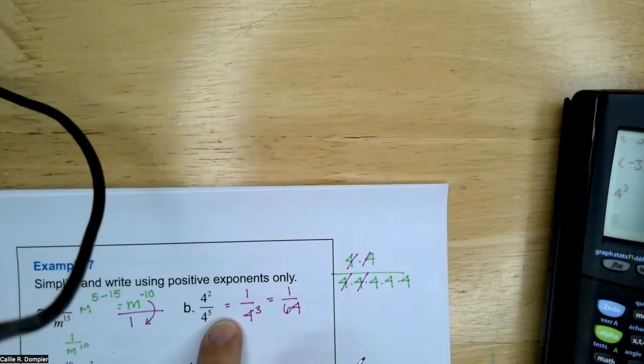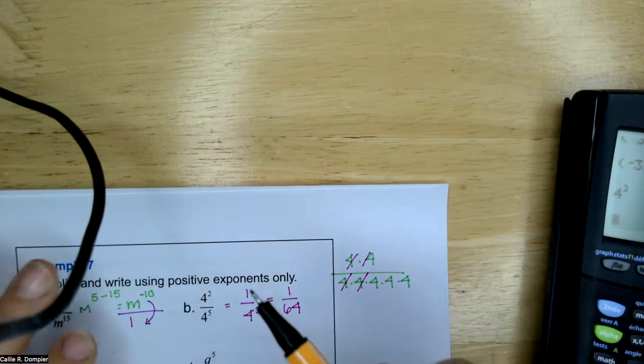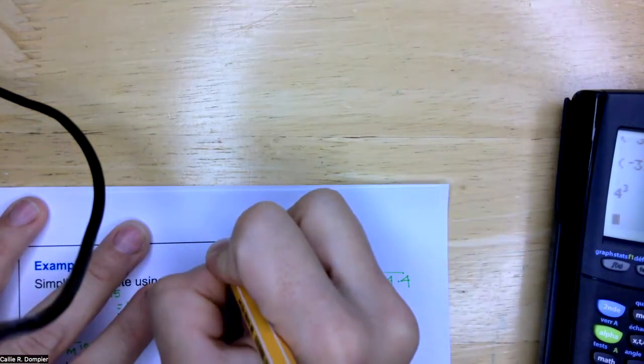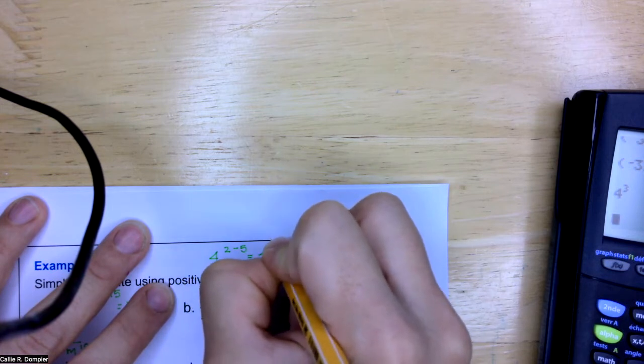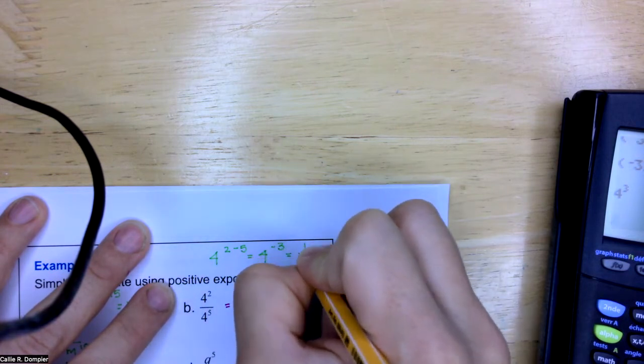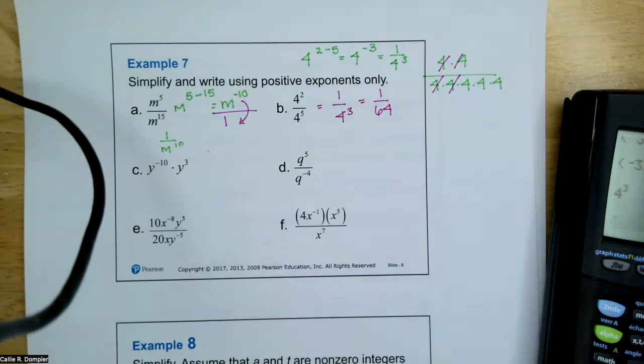Or I can use the rule 4 to the power of 2 minus 5 is 4 to the power of negative 3, which is 1 over 4 to the power of 3, okay? Whichever is the easiest way for you to get there.